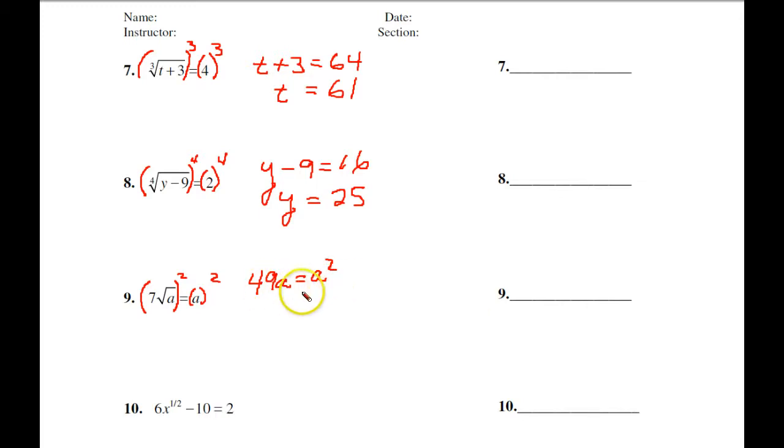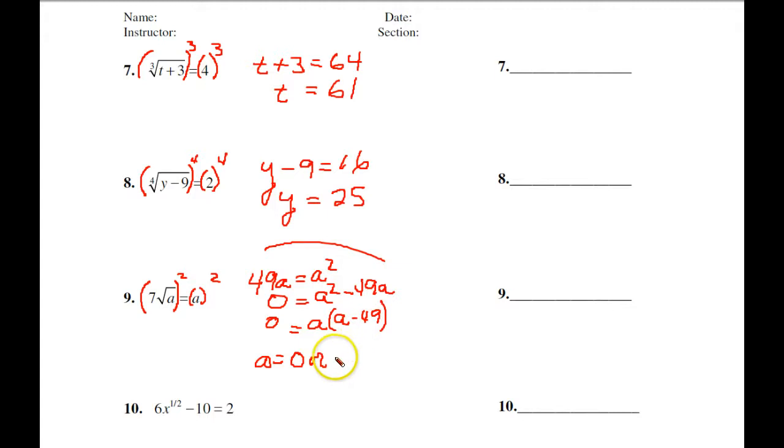So now we have a quadratic, and we solve that by transposing that, and we get a squared minus 49a equals 0. That's standard form. We factor out the a, and we get a times a minus 49. Set each of these equal to 0, so a will equal 0, or a equals a positive 49. And both of those answers check.